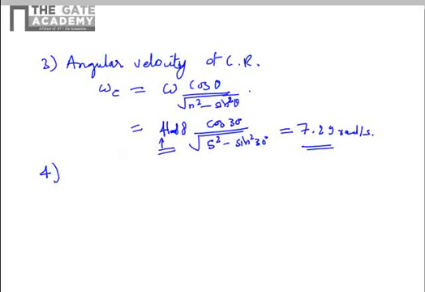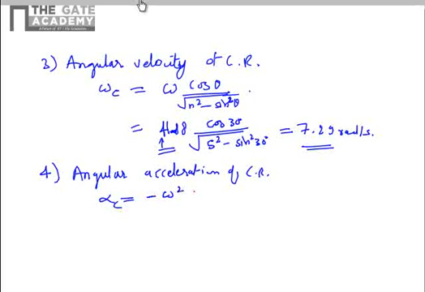Now coming to the fourth part, the angular acceleration of connecting rod. We recall the formula for angular acceleration of connecting rod. Alpha of connecting rod was equal to minus omega square sine theta into n square minus 1, divided by n square minus sine square theta raised to the power of 3 by 2.